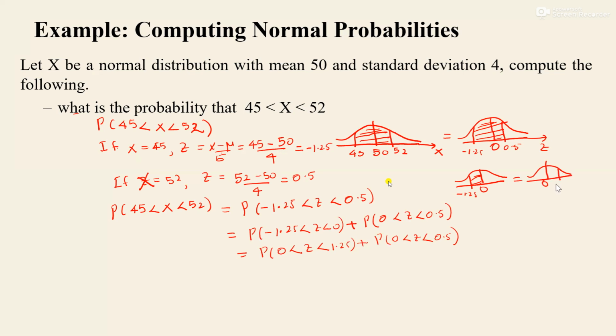To 1.25 by symmetry, right? So now from the table, two probabilities we have to find from the table.